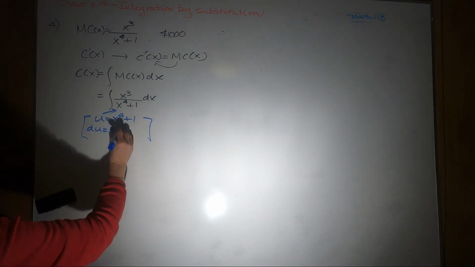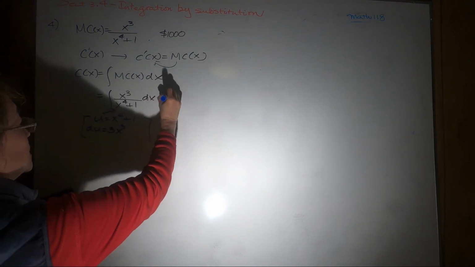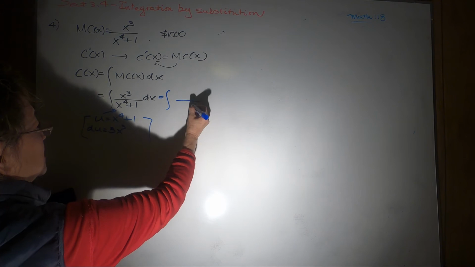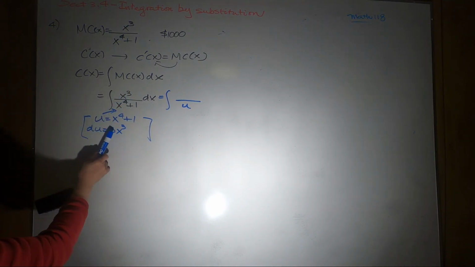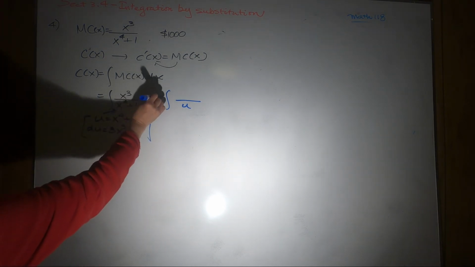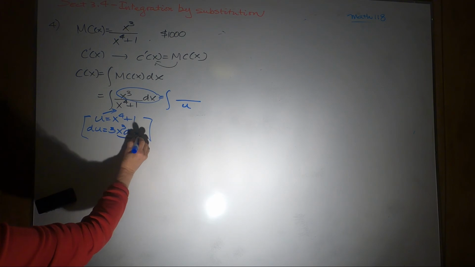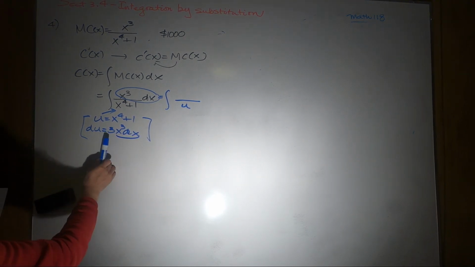4x cubed, the 1 is gone, right? Then if we replace this integral, what do we have? That's your u, right? x cubed and that's dx, right? So for this portion, x cubed and dx will be what?